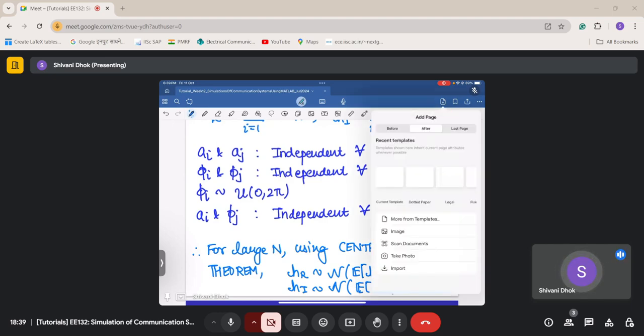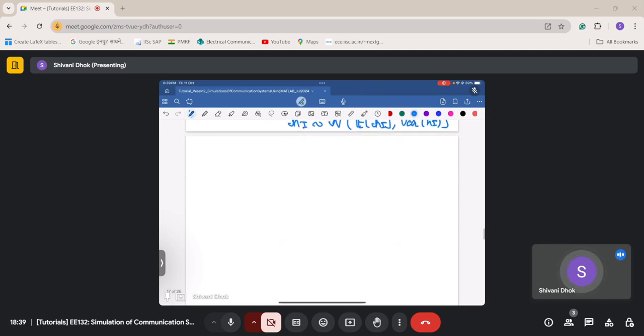So let's figure out what is the mean of HR and mean of HI. So expectation of your HR is equal to summation i equal to 1 to n expectation of ai cos phi i. Since ai and phi i are independent, we can write it as summation i equal to 1 to capital N expectation of ai into expectation of cos of phi i.